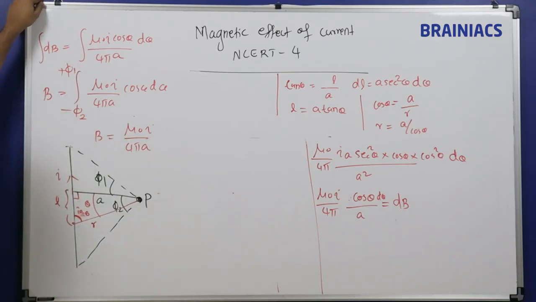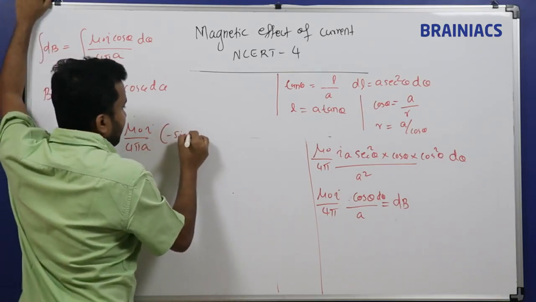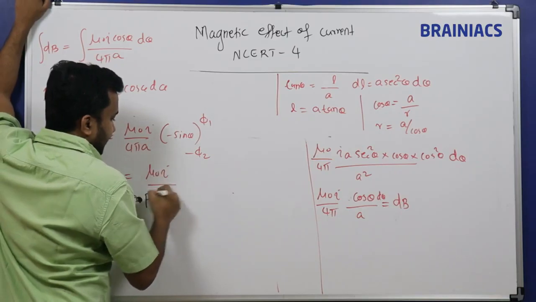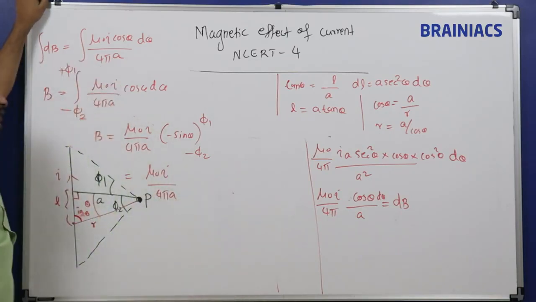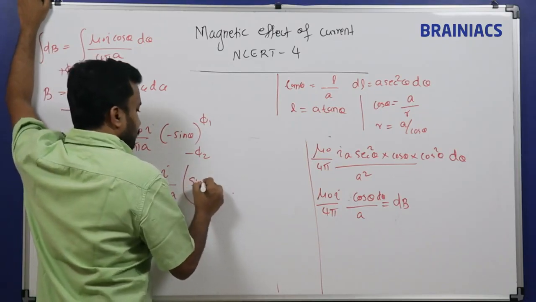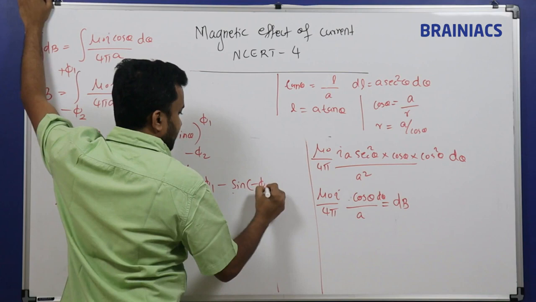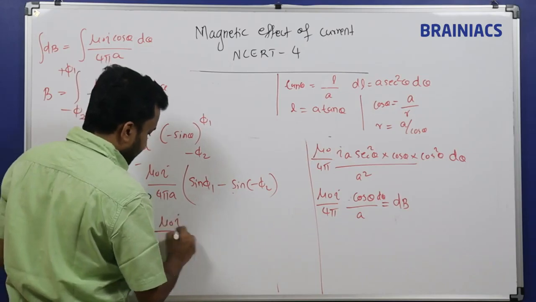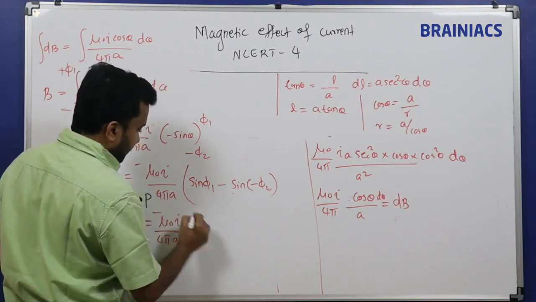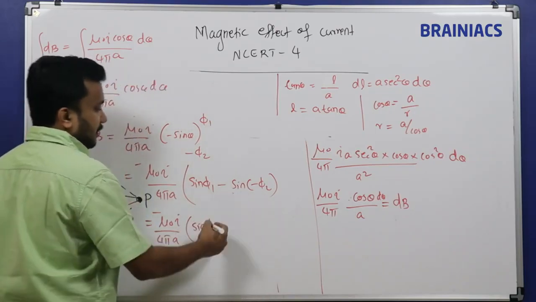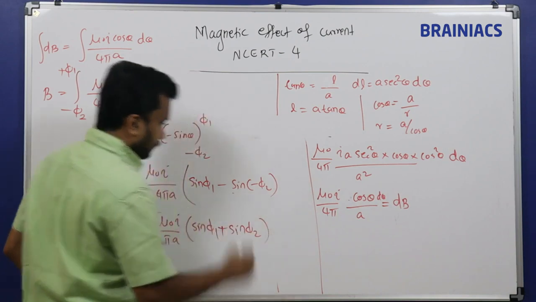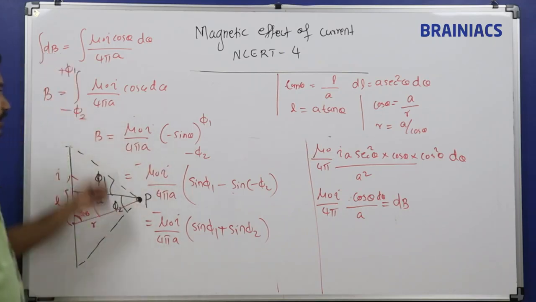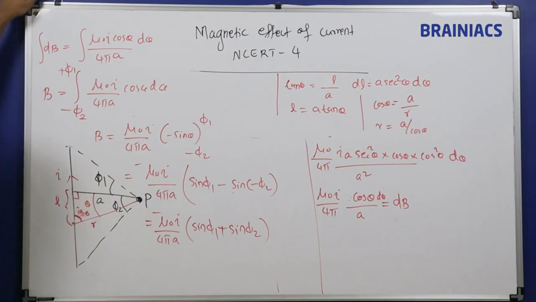So B is equal to mu 0 I divided by 4 pi a. What is the integral of cos theta? It is sin theta, with integration limit minus phi2 to phi1. So we write mu 0 I divided by 4 pi a into sin phi1 minus sin of minus phi2.